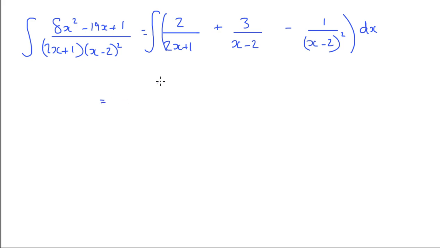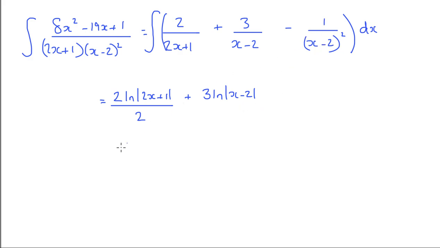So if we now integrate each term, we're going to have 2 from this times the natural log of 2x plus 1. Divide by the coefficient of x, so we'll be dividing by 2. For the second term, it's going to be 3 lots of the natural log of x take 2 divided by the coefficient of x, which here is a 1, so there's nothing going to happen there.